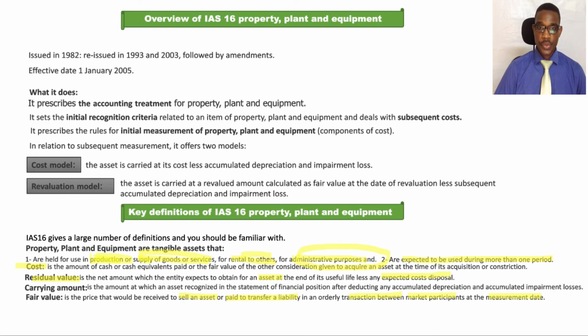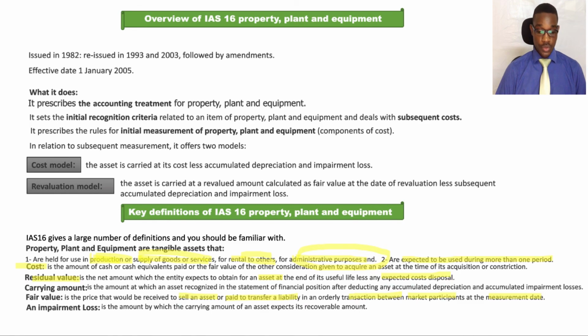So let's say you have a building, and before COVID-19 its value was $50,000, but today its value in the market has decreased significantly, let's say $20,000. So its fair value today is $20,000. This is the fair value of the asset.